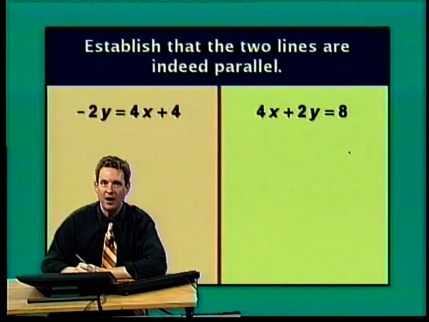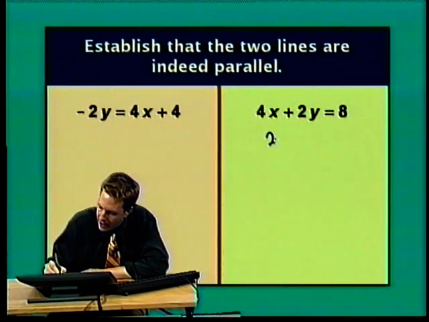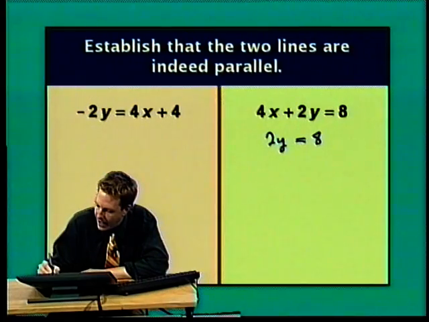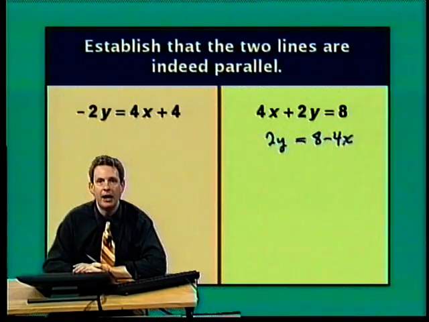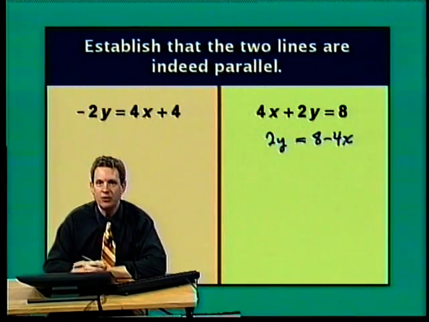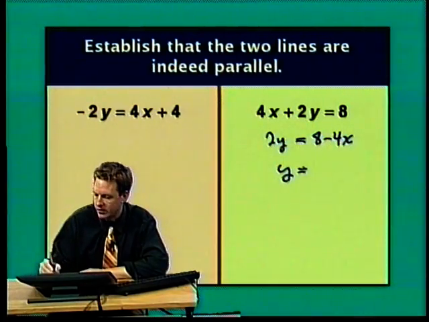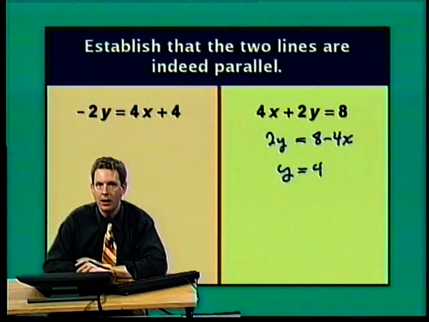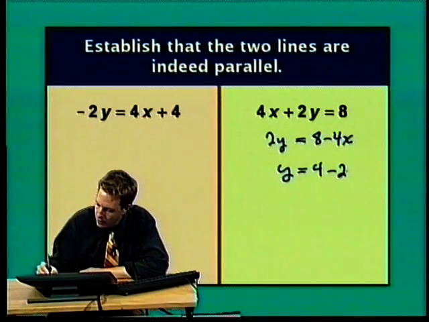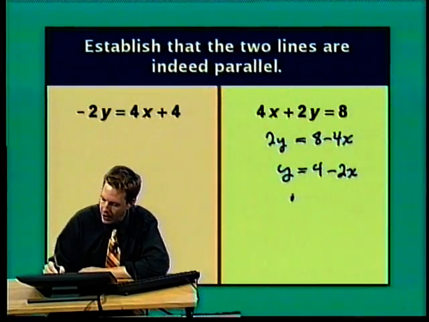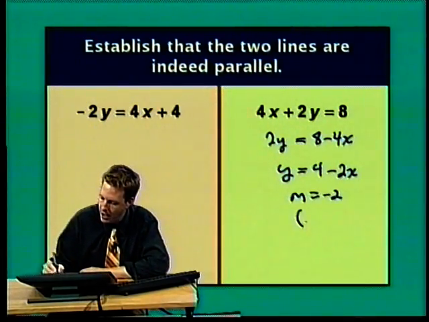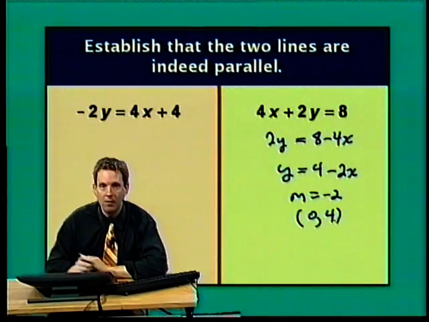When I subtract 4x from both sides of the equation, I get 2y equals 8 minus 4x, and dividing both sides of the equation by 2, I have y equals 8 over 2, which is 4, minus 4x over 2, which is minus 2x. So I have a slope of negative 2 and a y-intercept (0, 4).